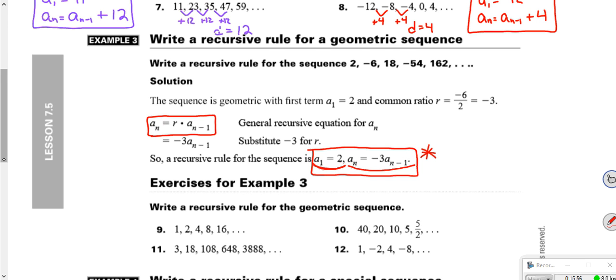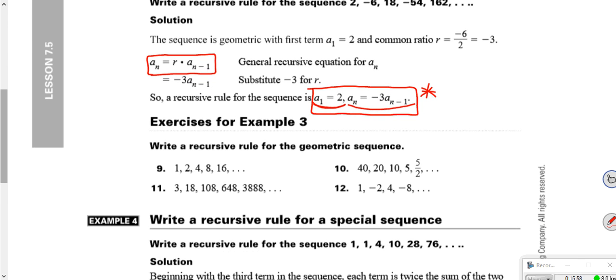Okay, now let's look at the exercises for example 3. Write a recursive rule for the geometric sequence. So again, we've got to go through here and figure out what our R is. To get from here to here, it looks like we're multiplying by 2, times 2, times 2.